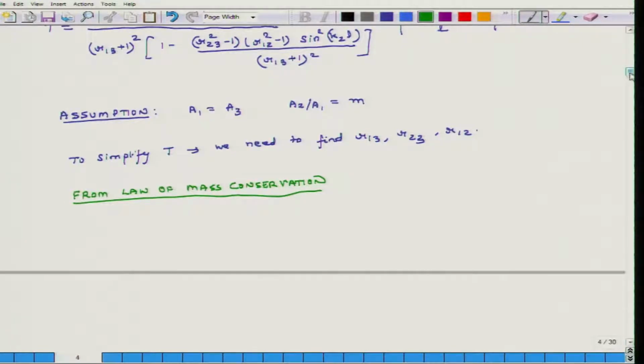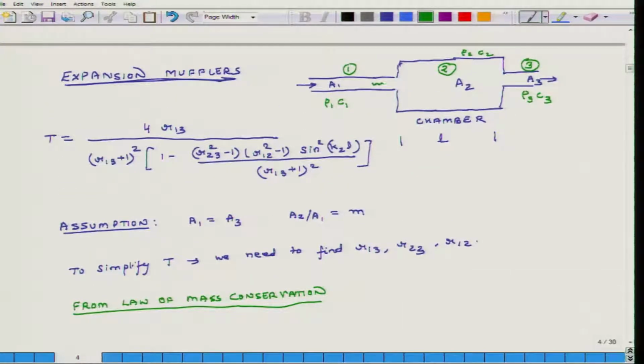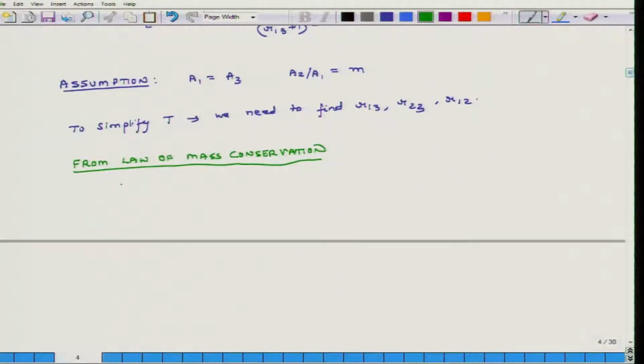So, what do we know from mass conservation? As air moves from section 1 to 2 and goes from section 2 to 3, the total amount of mass getting out of section 1 is equal to the flow in section 2 also. So, rho 1 times A1 times V1, velocity 1, is equal to rho 2 times A2 times velocity 2.